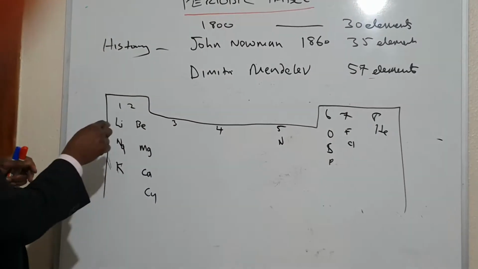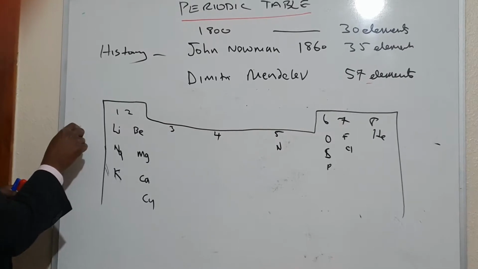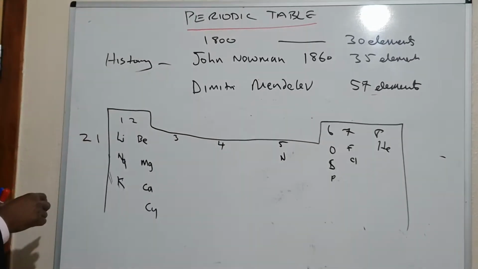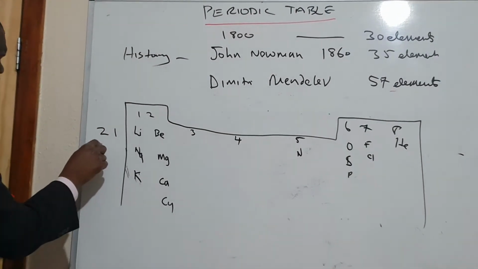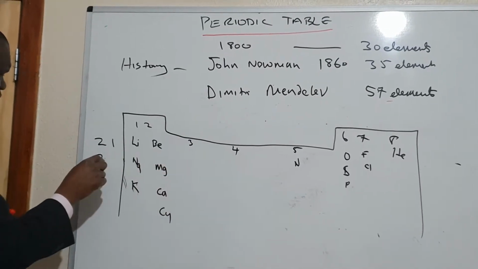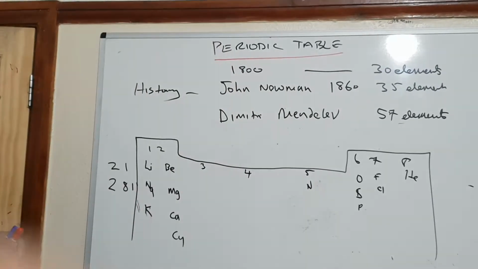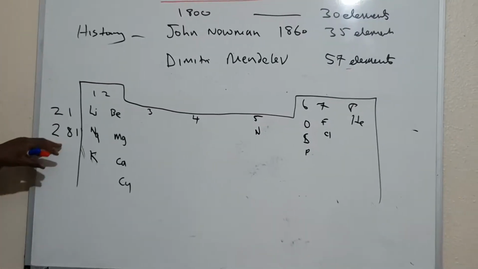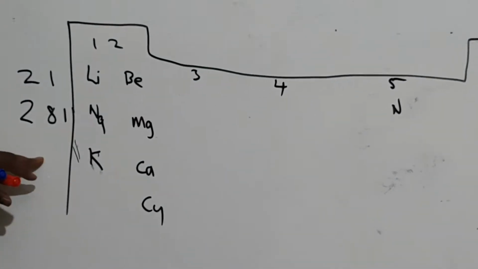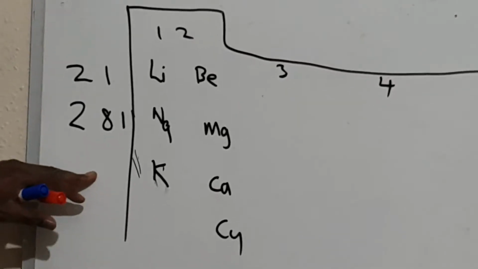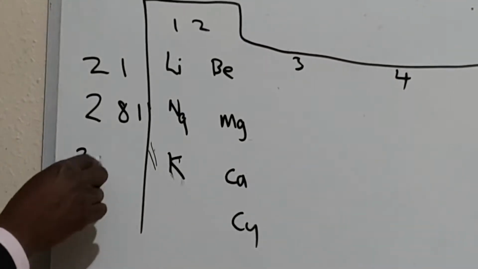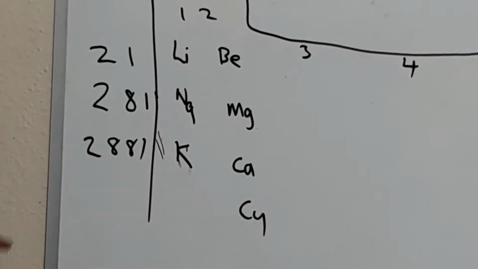Now, from lithium, which is 2, 1, after eight elements, he realized that there's sodium, which is 2, 8, 1, okay? But he didn't know at that time; electrons and protons were not discovered. He didn't discover it like this, 2, 8, 8, 1.